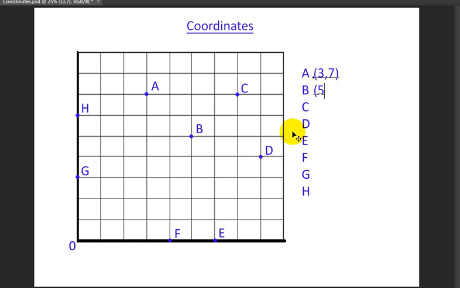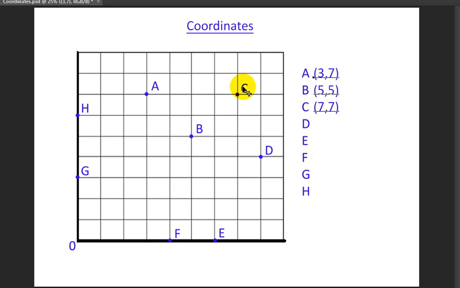So 5 steps to the right, 5 steps up. There's the coordinates. Next up, C. 1, 2, 3, 4, 5, 6, 7, and then 1, 2, 3, 4, 5, 6, 7. So 7, 7.